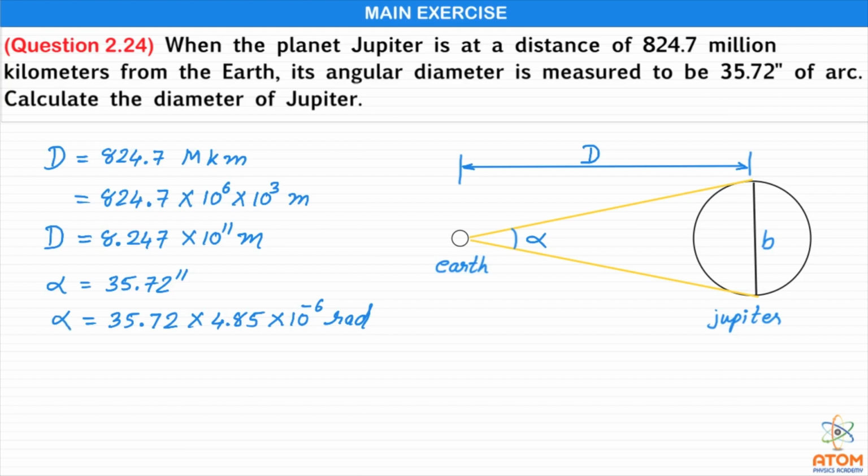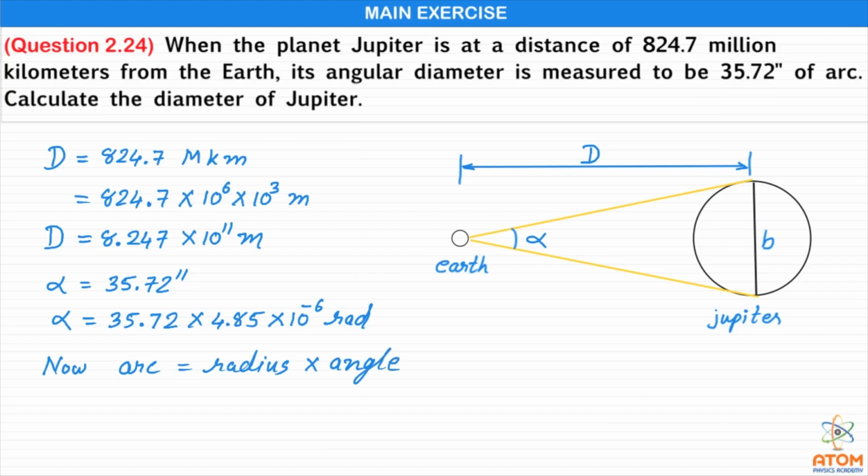Now we can say, considering Earth as a center, we can take small b as arc and capital D as the radius. And we know that arc is equal to radius into angle.